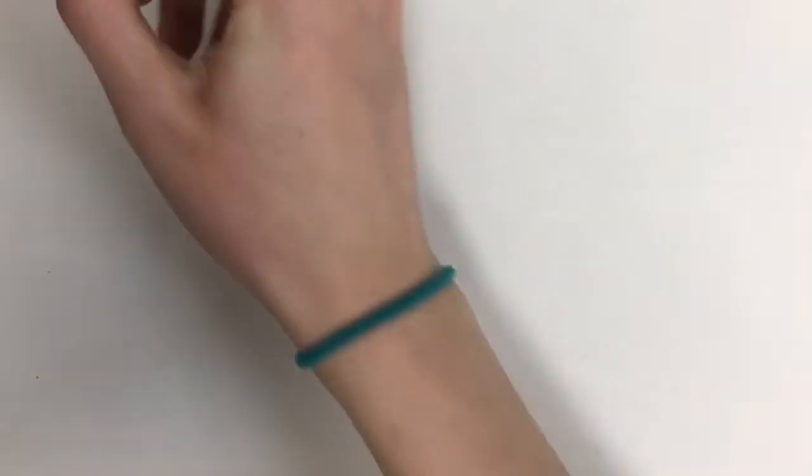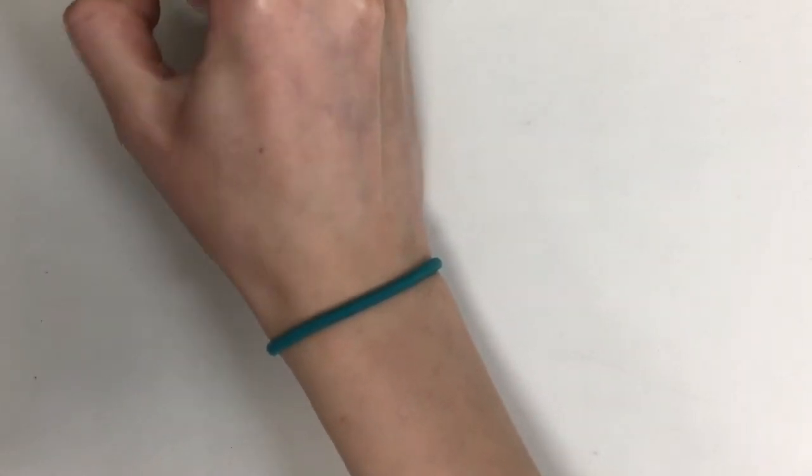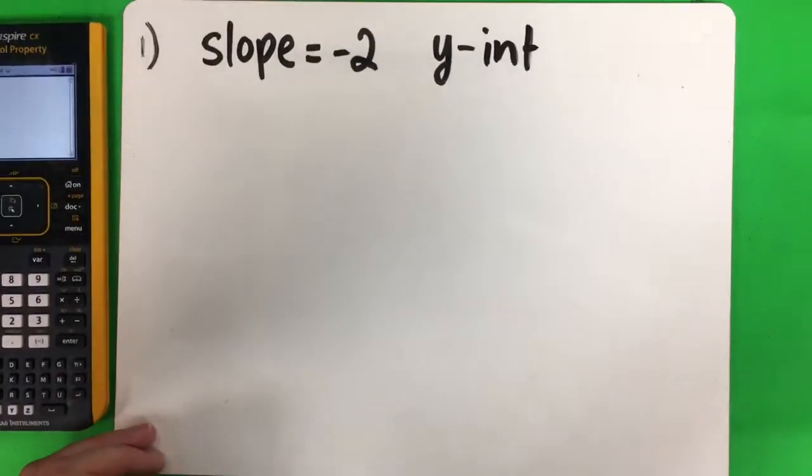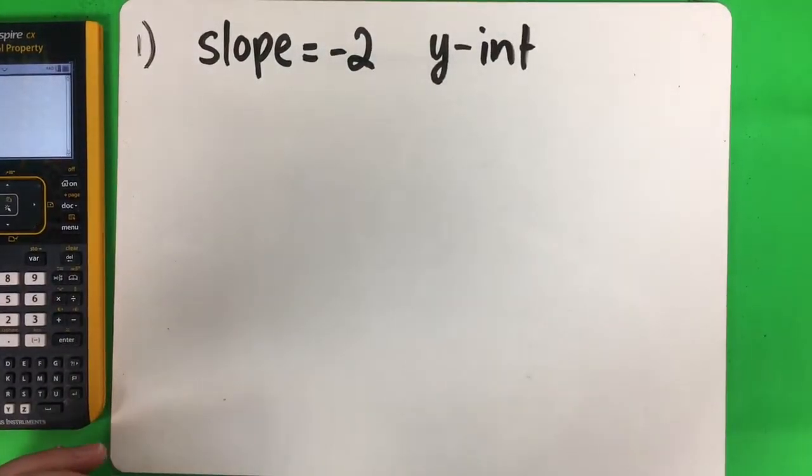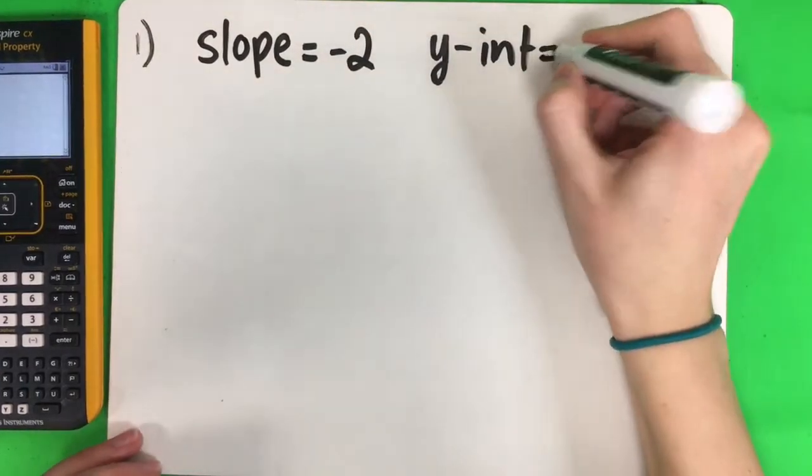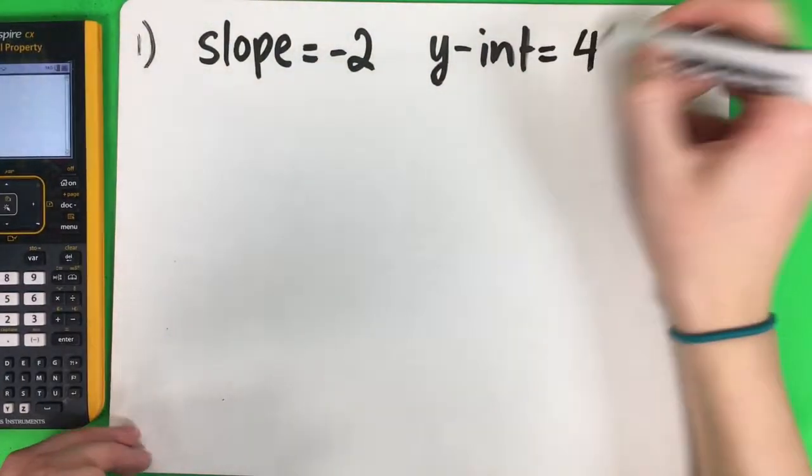Okay, so number 1, let me change this. Number 1, I have slope equals -2 and y-intercept, oops, let me go ahead and zoom out here, and y-intercept equals 4, okay?